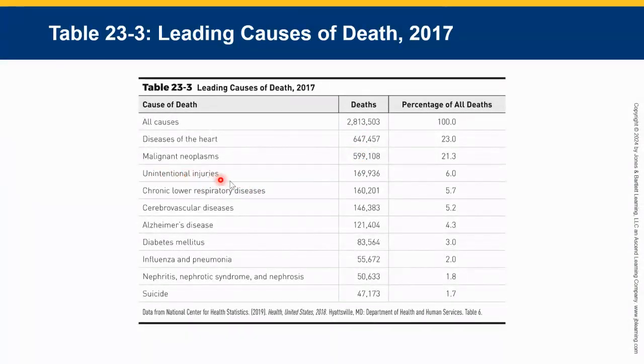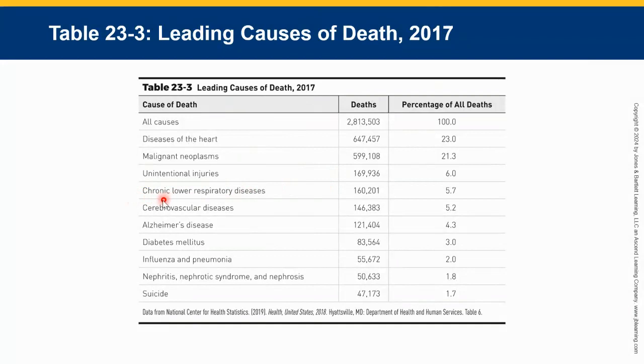Unintentional injuries is the third most common cause of death in adults in America, but it's the only one here, we're talking about the top 4 here, that is actually not a chronic disease, but it is the number 3 leading cause of death in America.